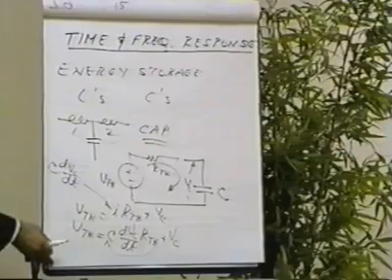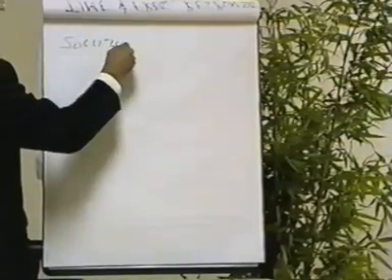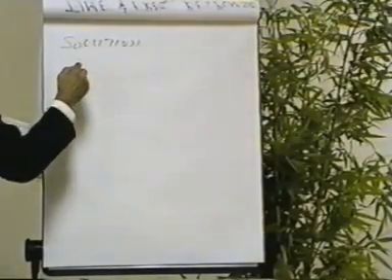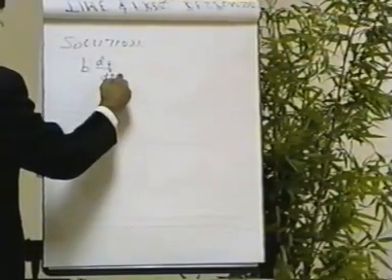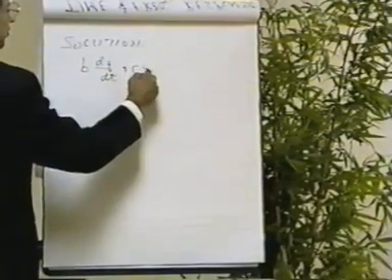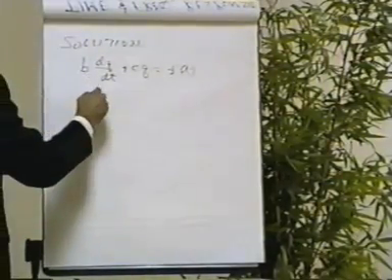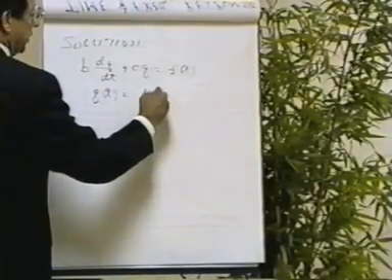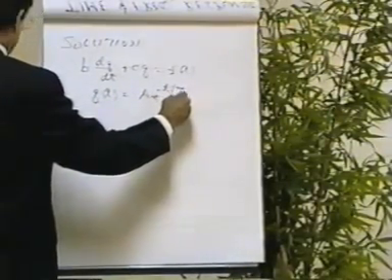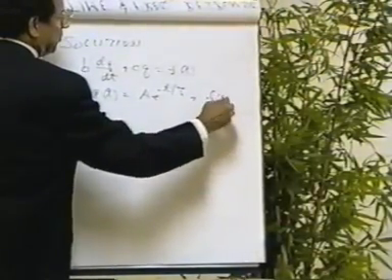Now the solution to this equation, given we have B dq/dt plus Cq equals f of t, is that q of t is equal to A e to the minus t over tau plus, and we put here f of t, but we'll put it in quotes.